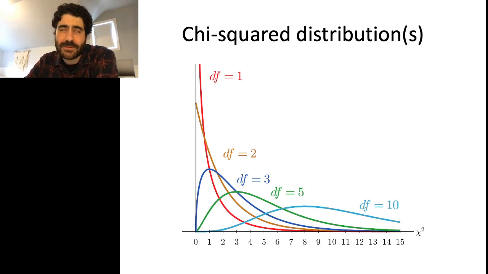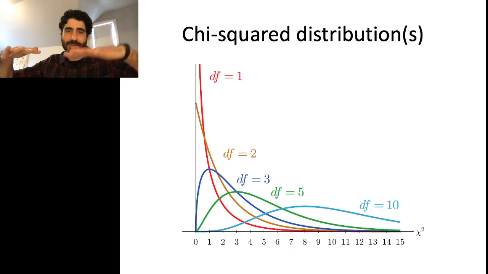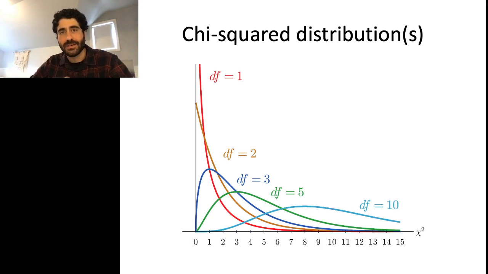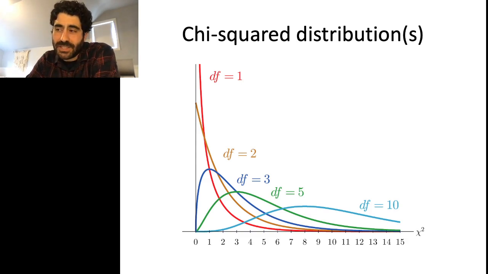If you remember, for t-tests, the degrees of freedom had a small impact on the t distribution. It just changed how much stuff was out in the tails, whether the tails were heavy or it looked more like a normal distribution. For the chi-square distribution, that's not true. The degrees of freedom really change the shape a lot.